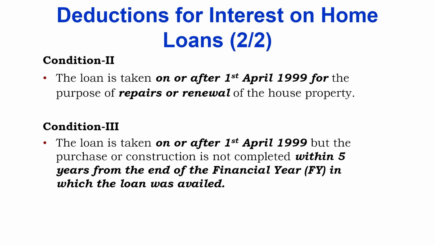Condition 2, the loan is taken on or after 1st April 1999 for the purpose of repairs or renewal of the house property. Condition 3, the loan is taken on or after 1st April 1999, but the purchase or construction is not completed within 5 years from the end of the financial year in which the loan was availed.